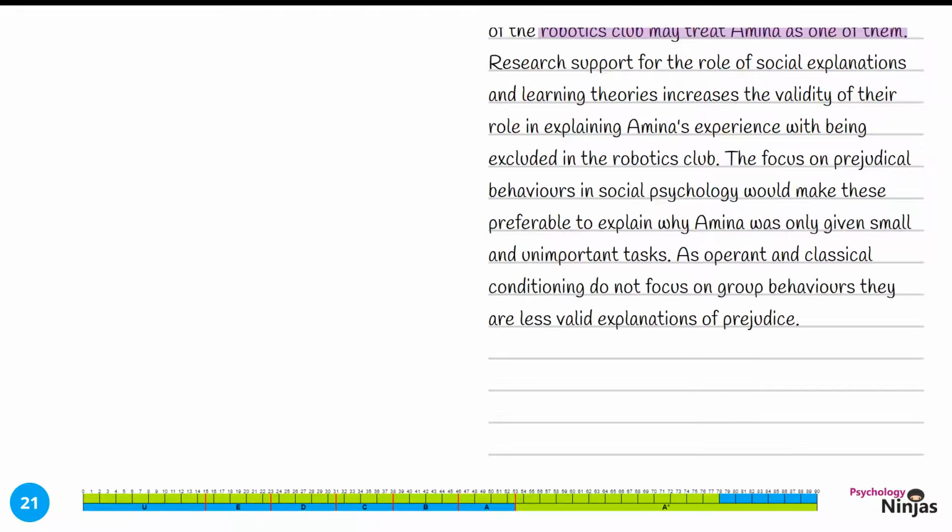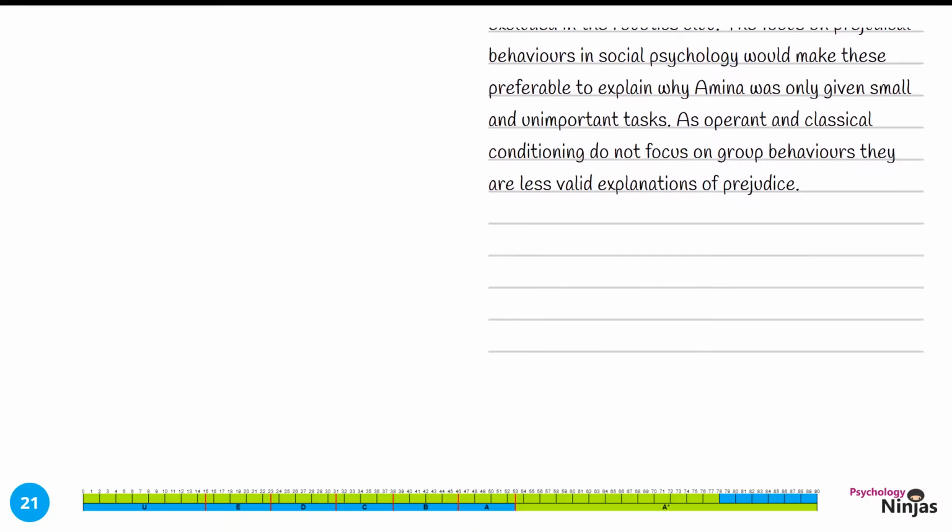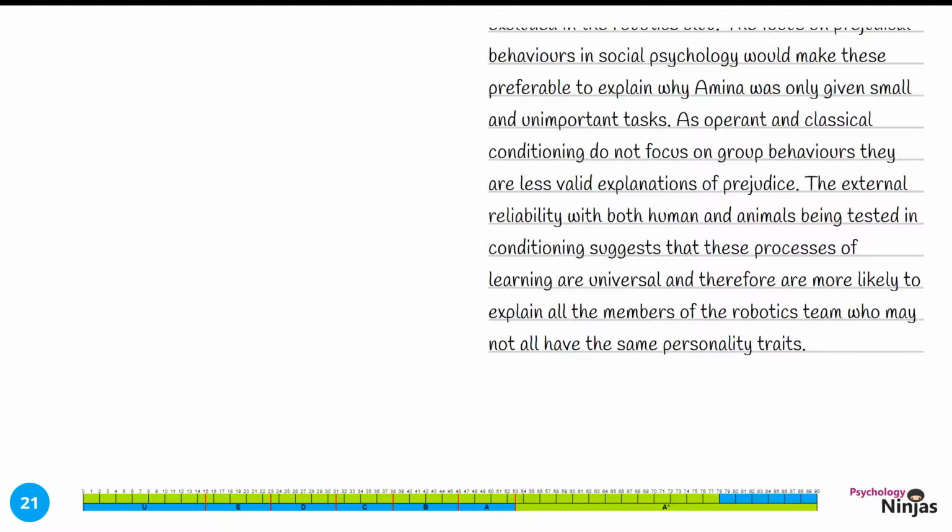As operant and classical conditioning do not focus on group behaviours, they are less valid explanations of prejudice. And finally, the external reliability with both humans and animals being tested in conditioning suggests that these processes of learning are universal, and therefore are more likely to explain all members of the robotics team who may not have all had the same personality traits.